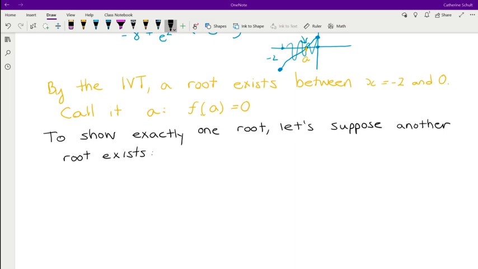So let's call it B. So now we're supposing that f of B equals 0. Okay, so we know f of A equals 0, f of B equals 0. So then f of A equals f of B.